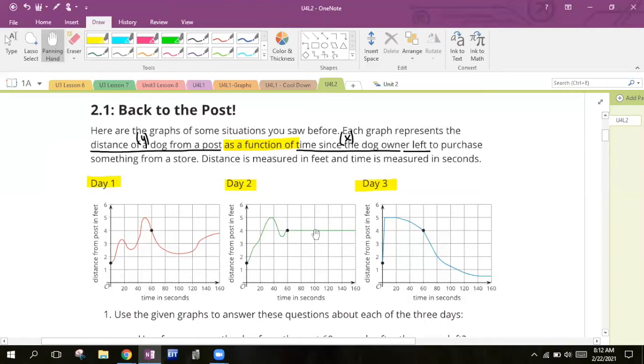The post was getting shorter and shorter until eventually he was just kind of stuck. Now you'll be reading the graphs and answering these questions.